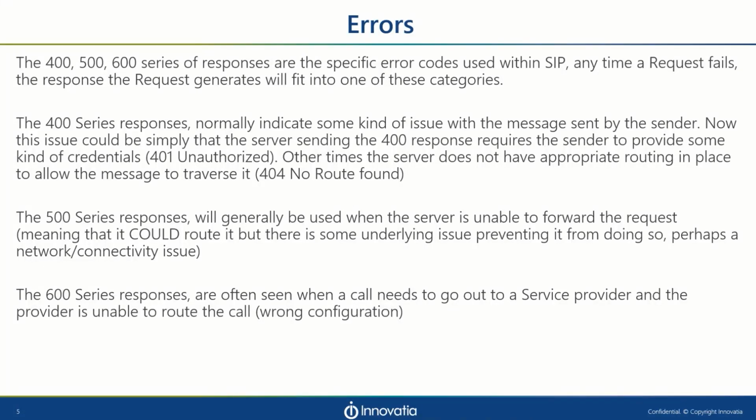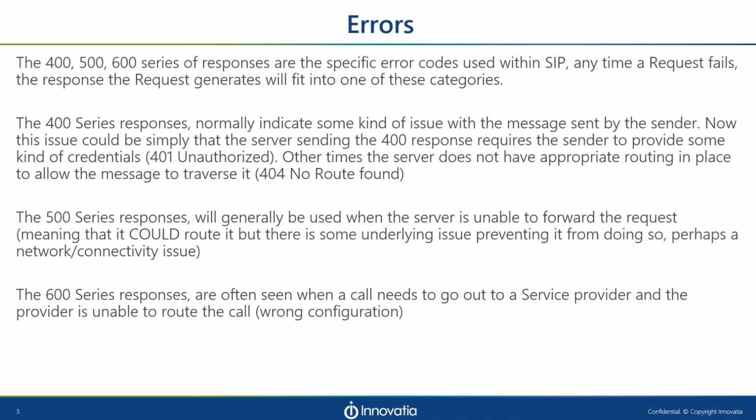Oftentimes we see this whenever some sort of device, a server or a router, is unable to route a call due to incorrect or missing configuration. So the server was able to receive that request, but based on the way the request was meant to be routed, the server is unable to do that because it's missing or has incorrect configuration.